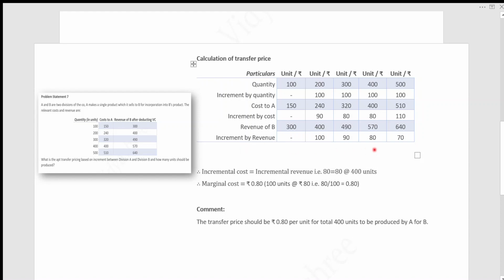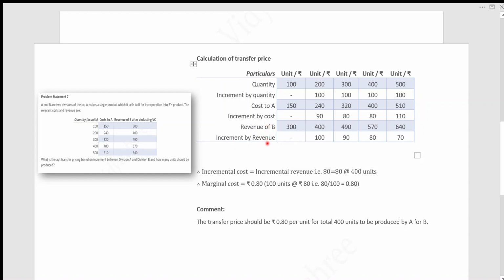Now let's calculate the incremental cost, the marginal cost and also the transfer price. Let's see the incremental cost. Always incremental cost will be equal to incremental revenue. We have to fix the point where the incremental cost and revenue are the same. Here you can see the increment by cost, and here is the increment by revenue.